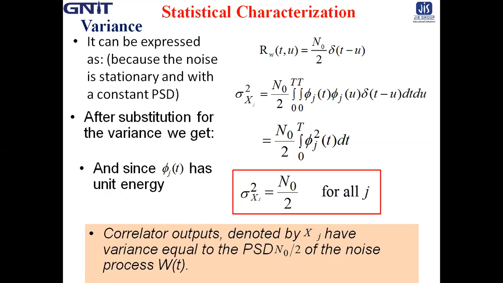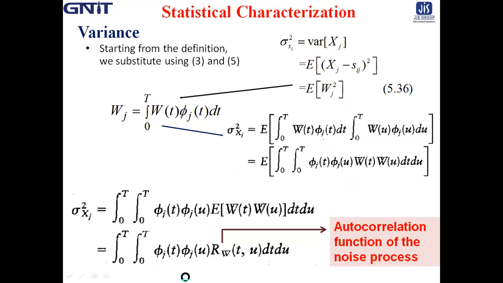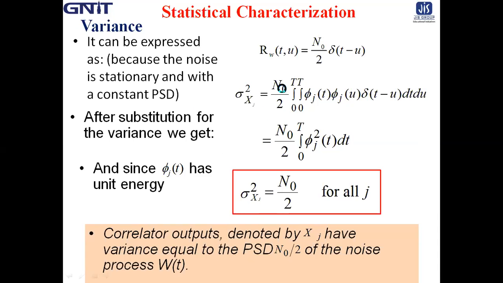Therefore, substituting this term into the last expression, we get N0 by 2 times the double integration from 0 to T of phi j(t) phi j(u) delta(t minus u) dt du, which is N0 by 2 times the integral from 0 to T of phi j squared(t) dt.